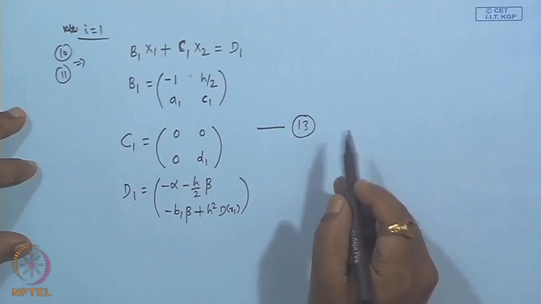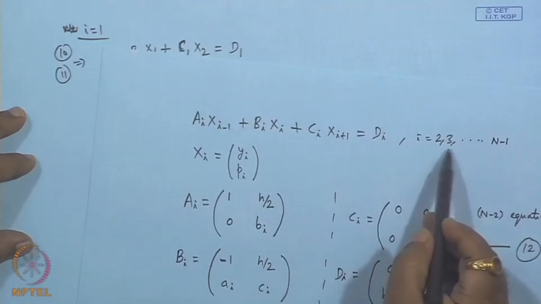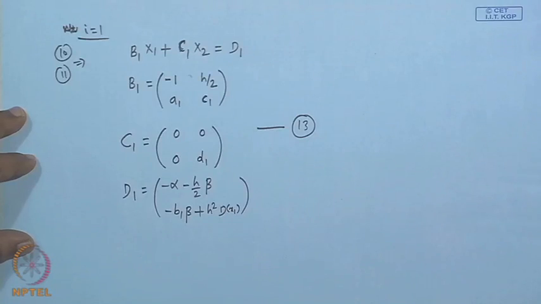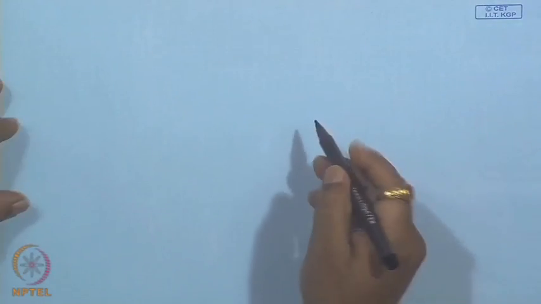Now, we have covered i equals 1, i equals 2 to n minus 1, then we are left with, yes, you are right, left with i equals n.